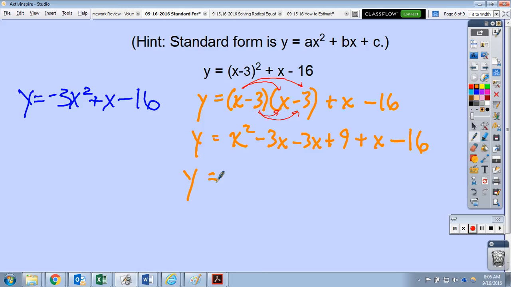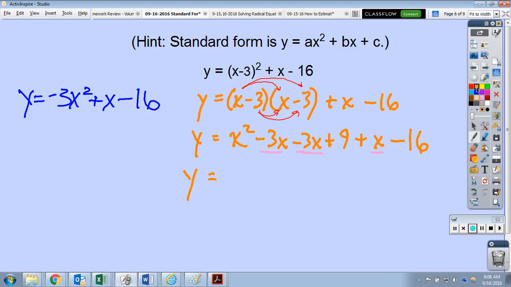All the x terms. Negative 3x, this one and the other negative 3x. Yeah. So here are all the x terms. So we're going to go ahead and combine these three guys here. Now keep in mind that the negative is associated with the 3x.